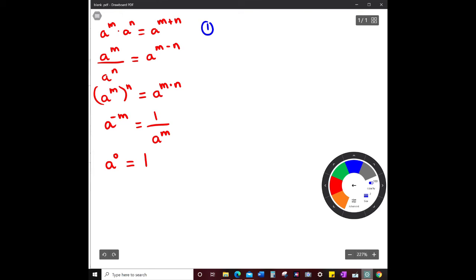Number 1, we can work on 2m to the negative 6 times 3m to the 4th power. So what we can do, we multiply numbers with numbers. 2 times 3 is 6. And then for the exponent, we have negative 6 plus 4, and it gives us 6 times m raised to negative 2.